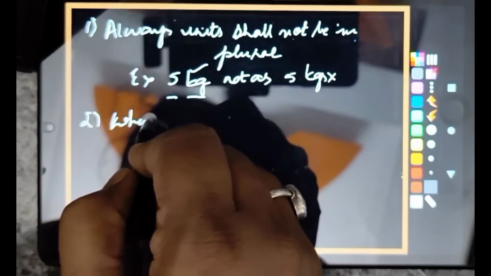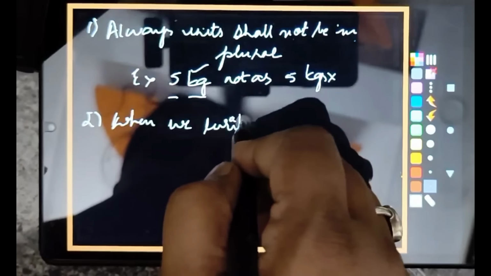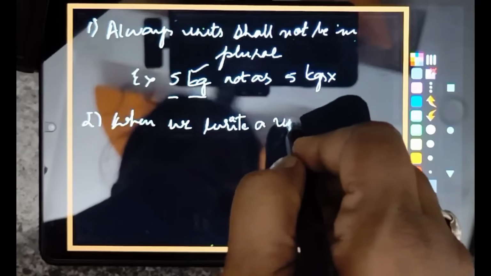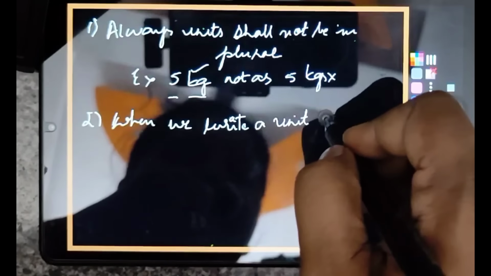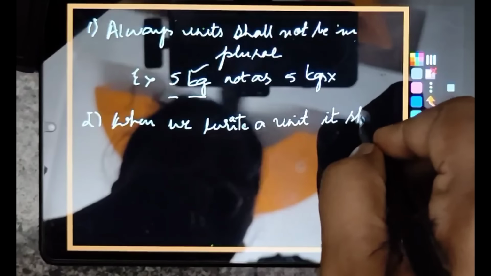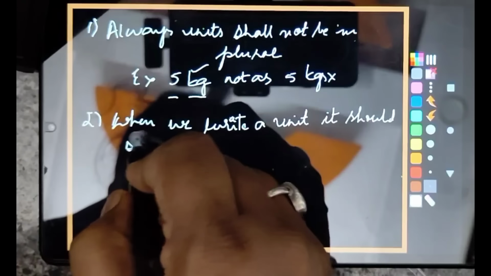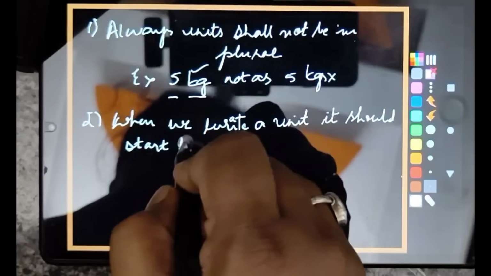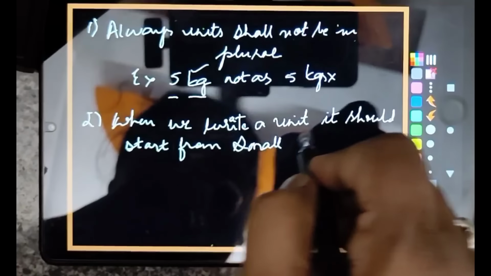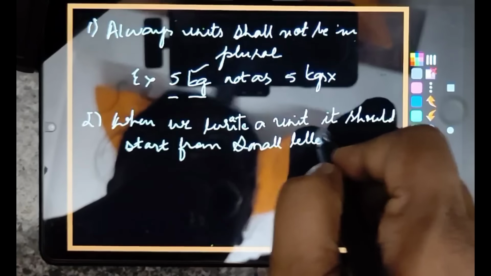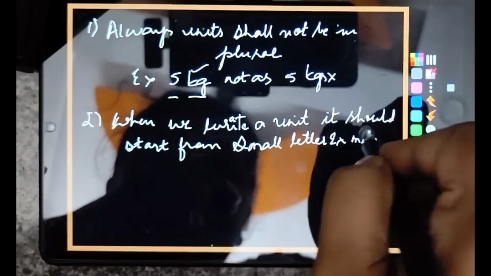Next, whenever we write a unit, it should start with a small letter. Example, for meter, m.